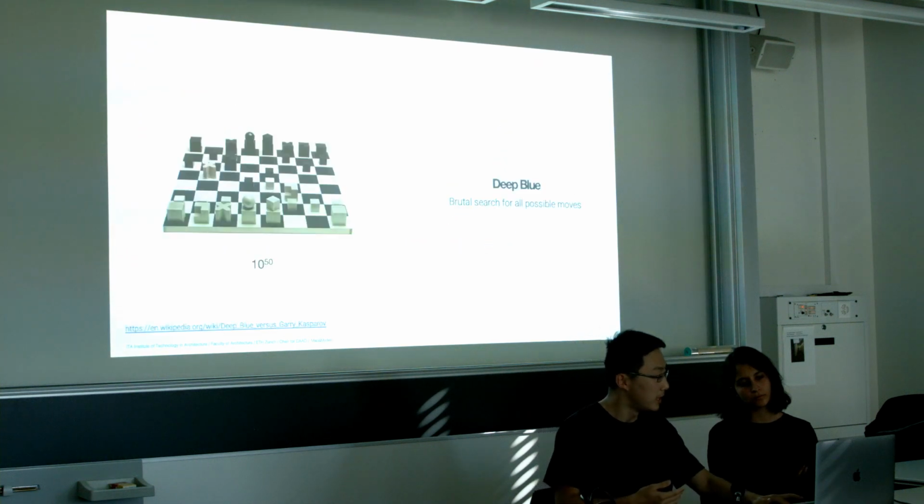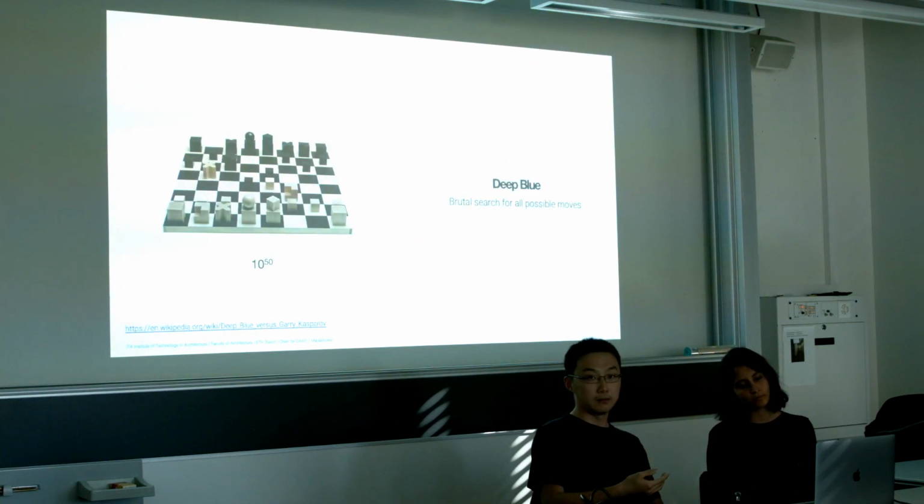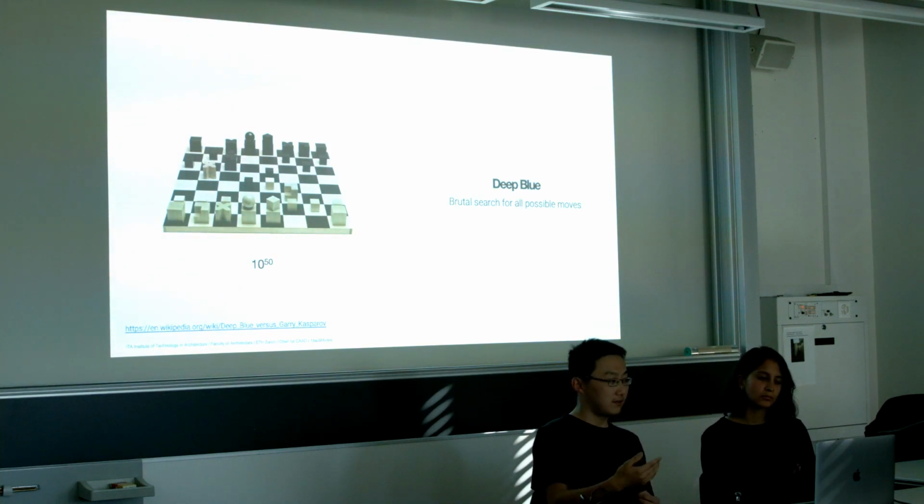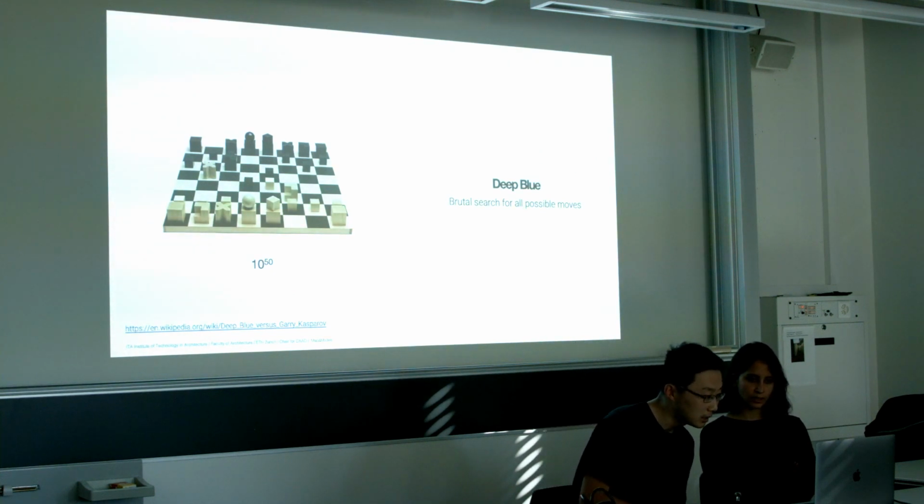The most prominent example of this approach would be Deep Blue. It was a chess-playing computer developed in 1985, and in 1996 it had its first chess match against a human chess champion called Garry Kasparov.